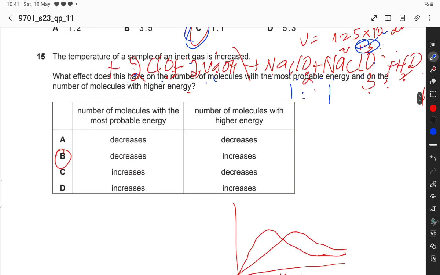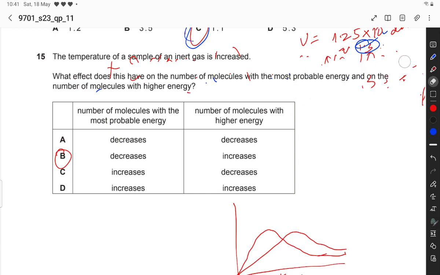The temperature of a sample of an inert gas is increased. What effect does this have on the number of molecules with the most probable energy and on the number of molecules with higher energy?